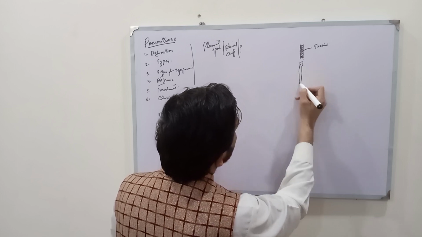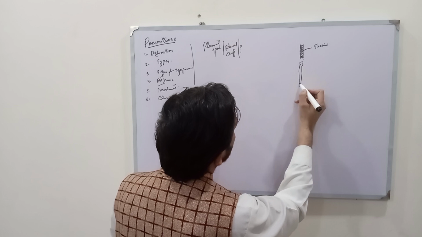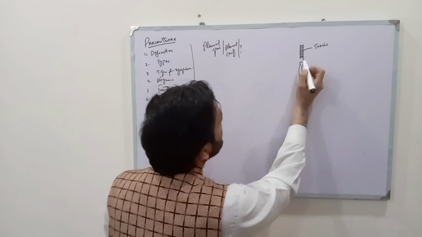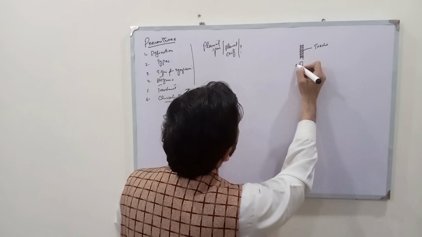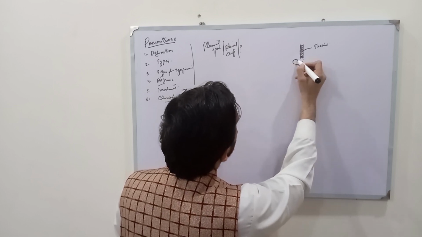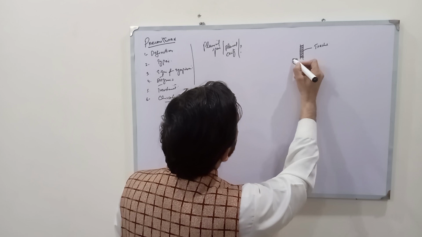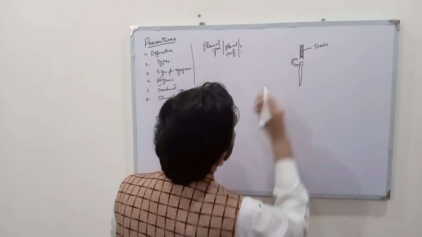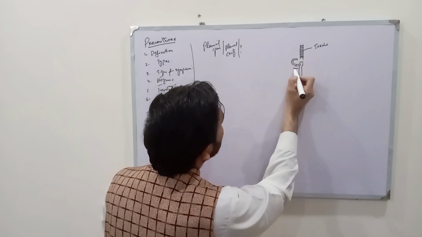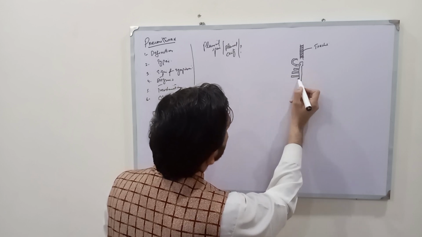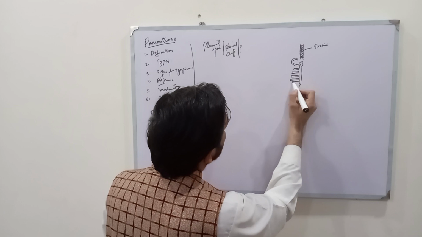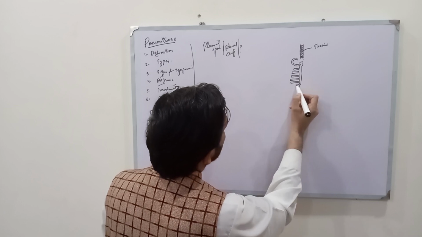sternum, and xiphoid process. First rib, it's moved backward. Second rib, third, fourth, fifth, sixth.